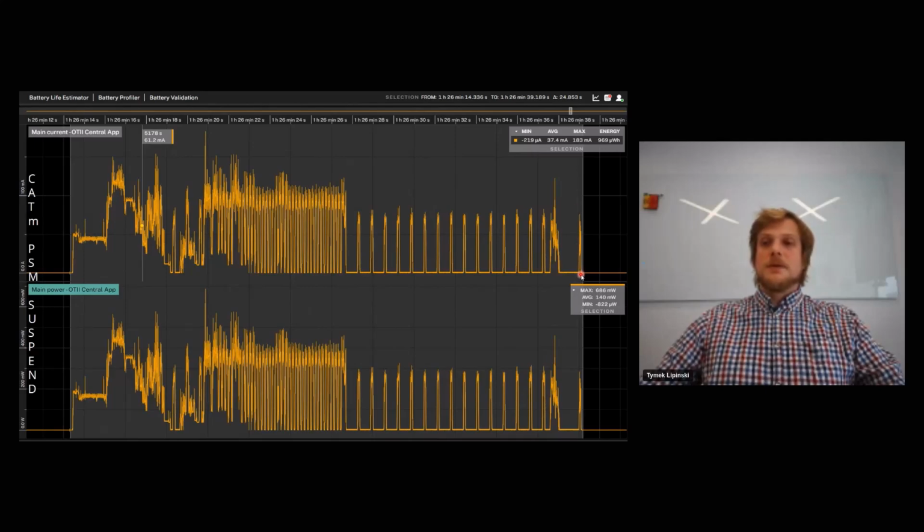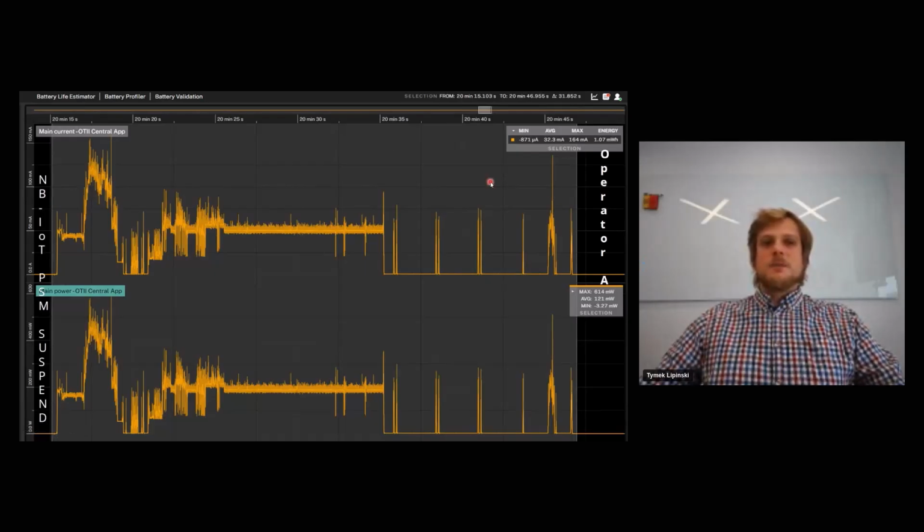Last blip, and we go to sleep, back to below 4 microamps of current consumption. So in order to wake up, send and receive 1 kilobyte of UDP data in this particular scenario, it took 25 seconds and it consumed nearly 1 milliwatt hour of energy.